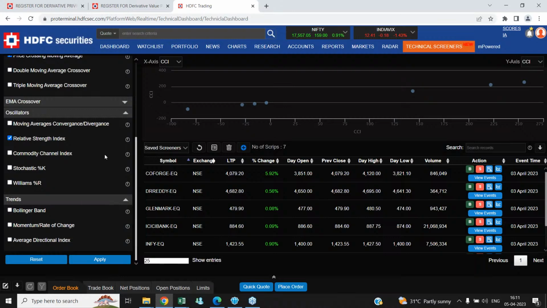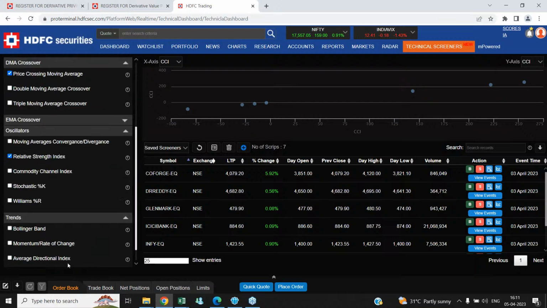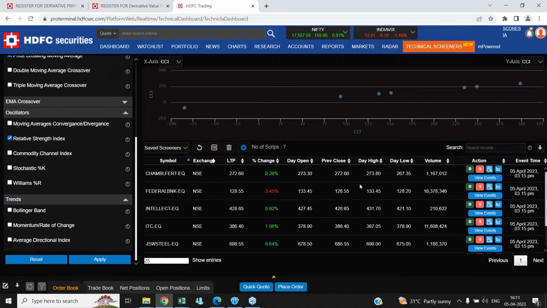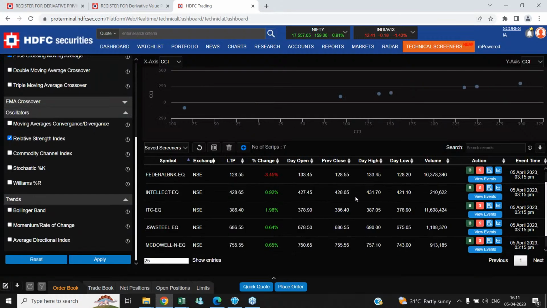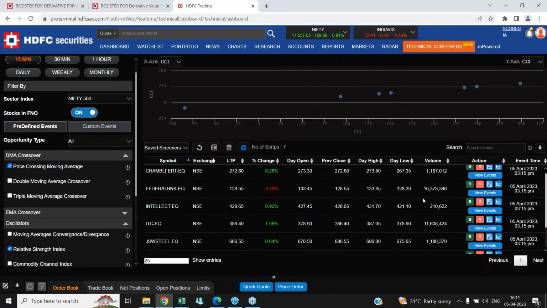This is very useful if you want to identify stocks based on intraday momentum. You can get a list of many stocks on intraday momentum on every 15-minute candle. So these are the intraday stocks.